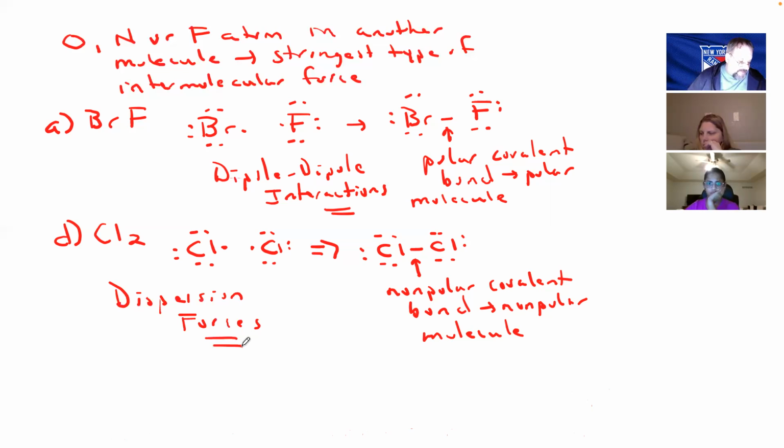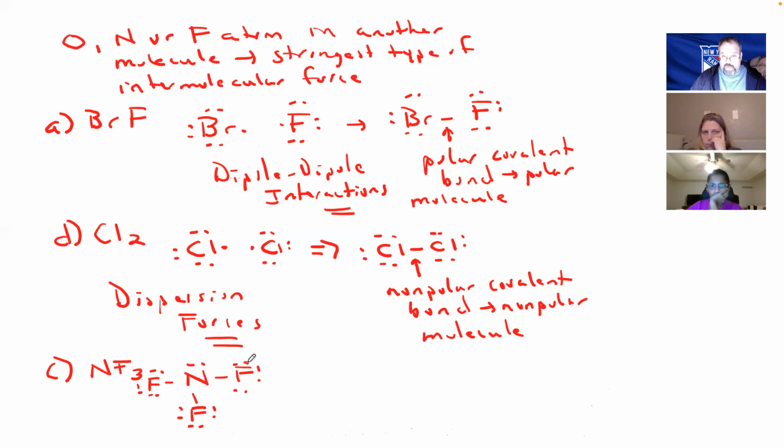Now, just to jump back to letter C, this would be NF3. So this would be similar to what we saw already. To determine whether the molecule is polar or non-polar, now we have to look at the shape, because now we don't have just 2 atoms, we have 4 atoms total.